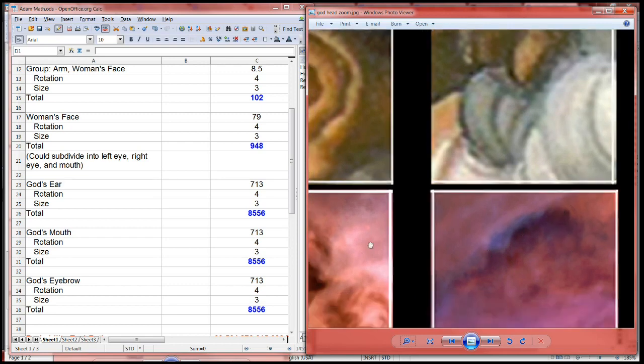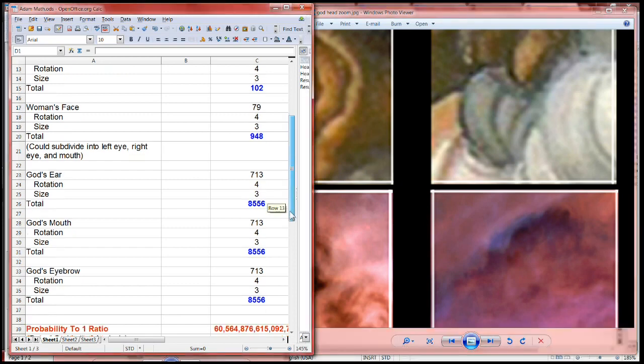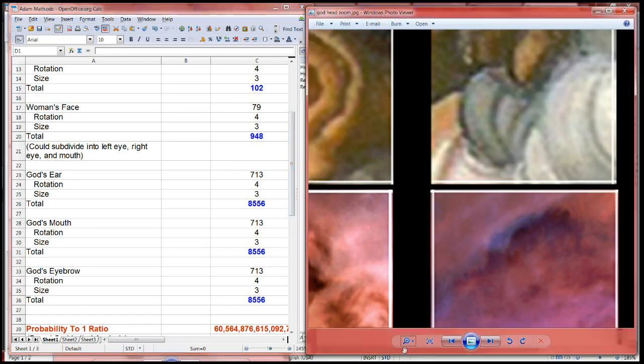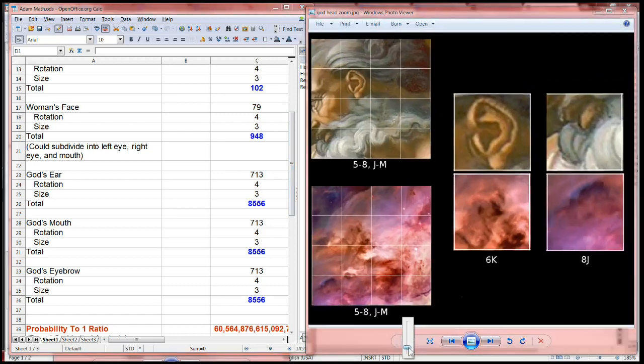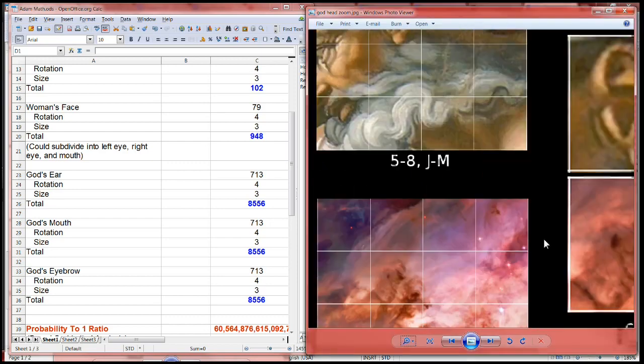So the size is correct as well. So we have another multiplier regarding the mouth. So 713 times 4 rotation times the size is another 8,556. And then, of course, now we have the last one, which we'll just take a look at real quick.